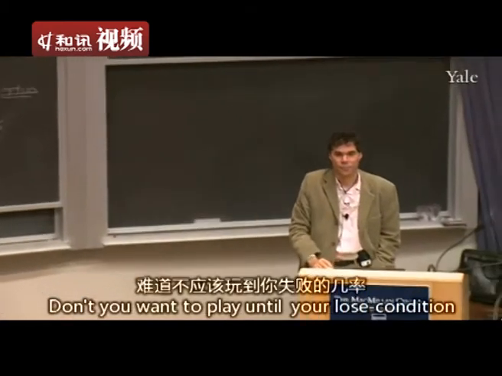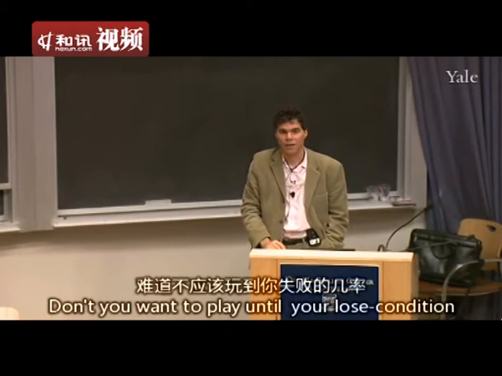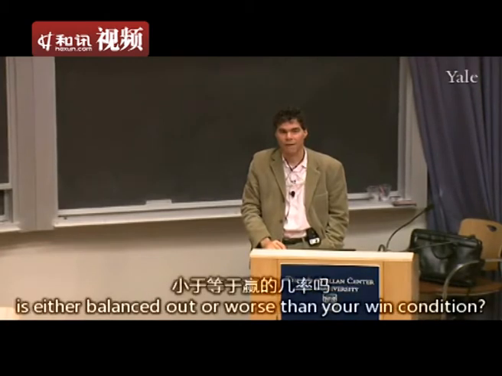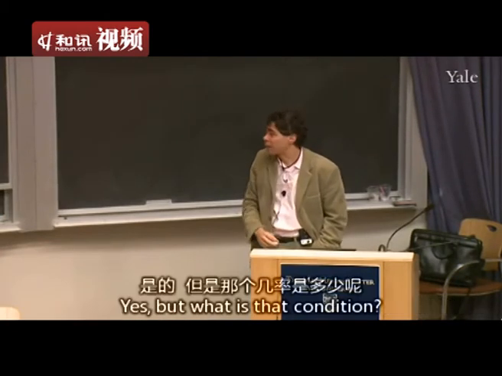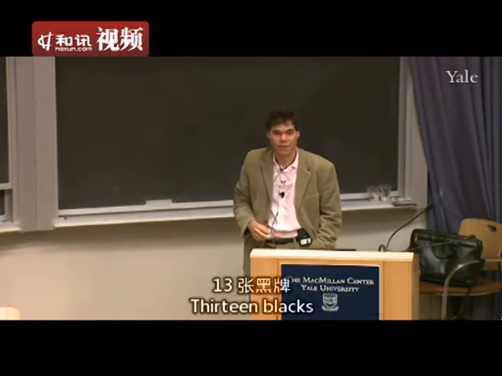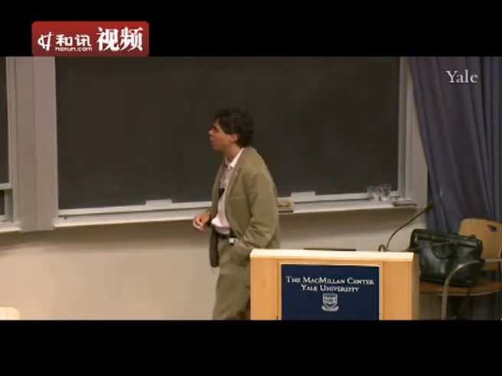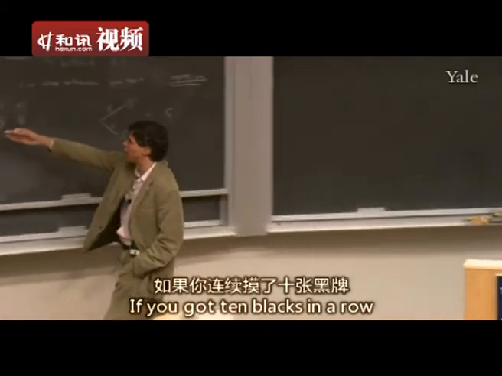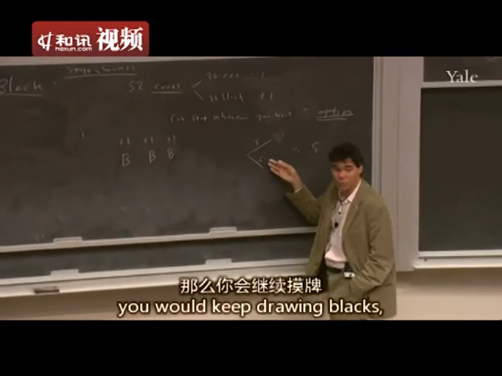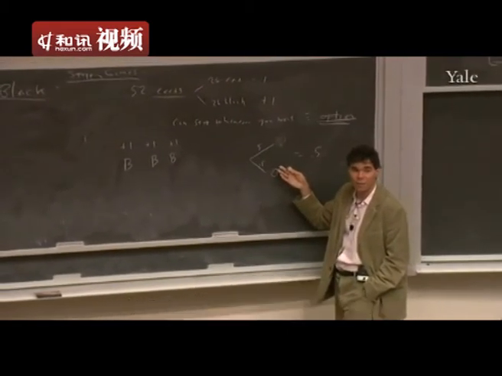You want to play until your lose condition is either balanced out or worse than your win condition? Yes, but what is that condition? 13 blacks. Yep. If you got 10 blacks in a row, you would keep drawing blacks? Is that what you're saying?